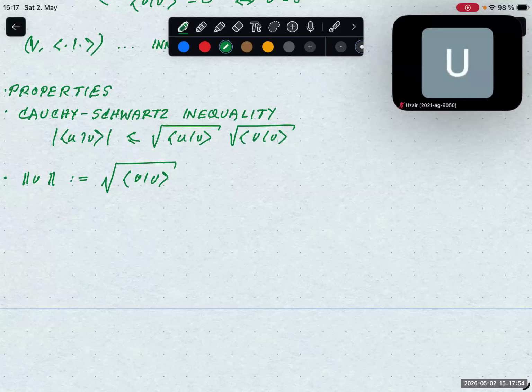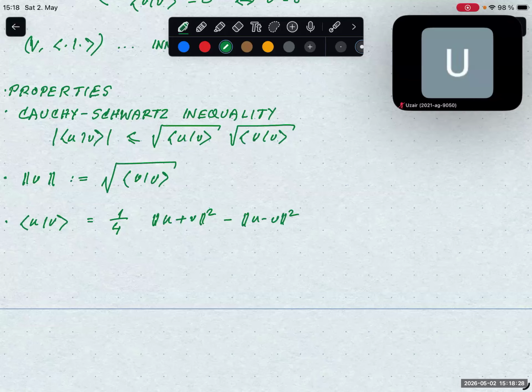We can also come the other way around, and that's how you do it. Say we have a norm, some normed vector space, and then we can define an inner product this way. The inner product is given by 1/4 times the norm squared of u plus v, minus the norm squared of u minus v.